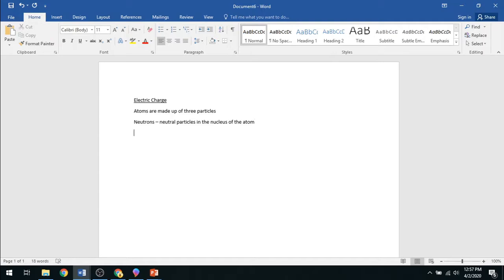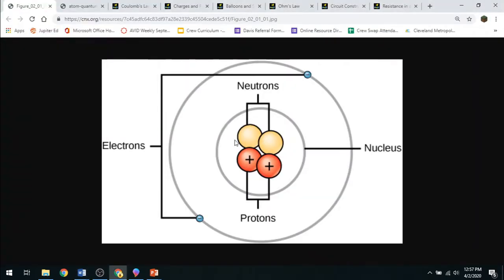Now, there are two types of particles that have charges. The first type is called protons, and these are particles in the nucleus of the atom that have a positive charge. If we look at this diagram, that plus sign shows they have a positive charge.